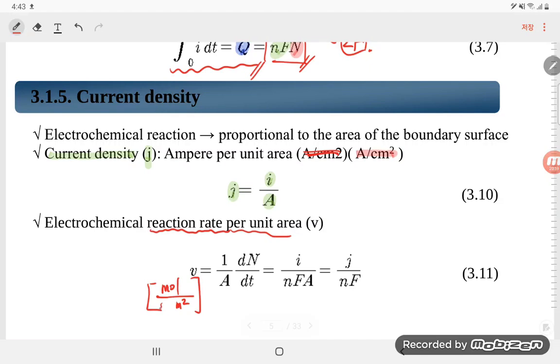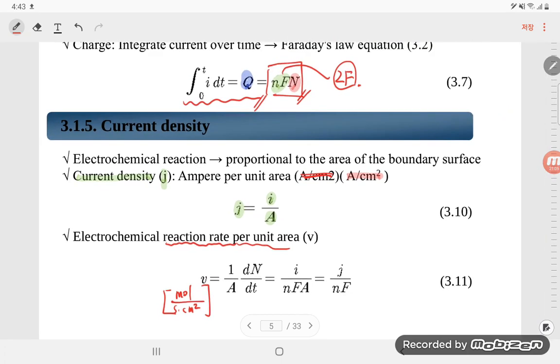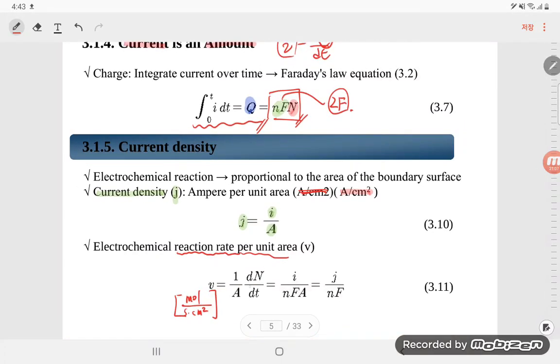Okay, let's use square centimeter. This is the overall consumption rate of the hydrogen gas, and if you divide it by A, then we can get the electrochemical reaction rate per unit area. And if you convert this into the current density, then we can use this one.